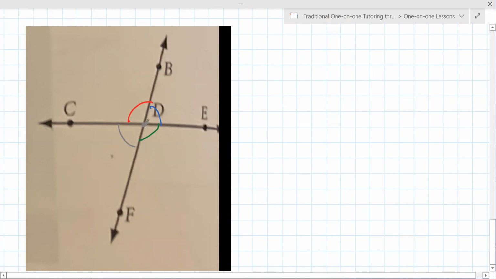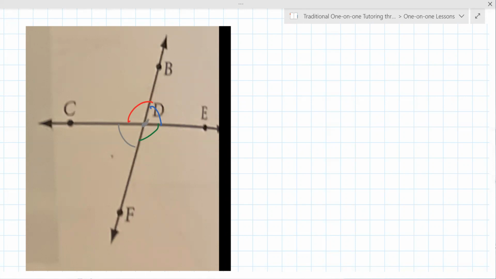Okay, maybe it's C, F, E, and B. No, those are just points. They don't refer to anything. Okay, I think I would just guess that it is the gray one.